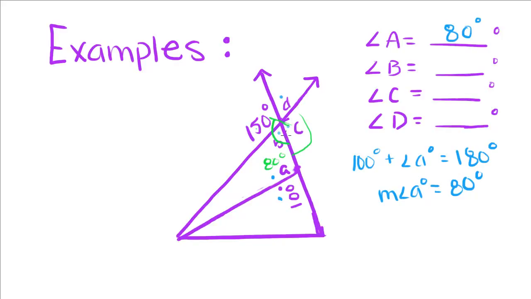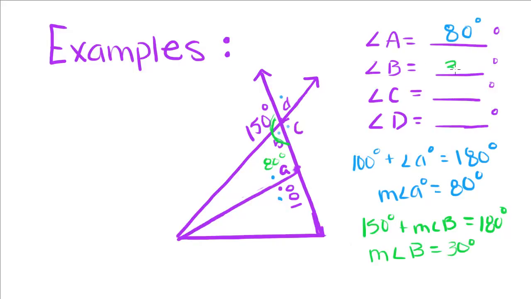But first I think what we're going to do is solve for B. So since these are supplementary angles, we're going to take 150 degrees plus the measure of angle B and set it equal to 180 degrees because these two angles form a line. So if we subtract 150 from both sides, we find that the measure of angle B is equal to 30 degrees.